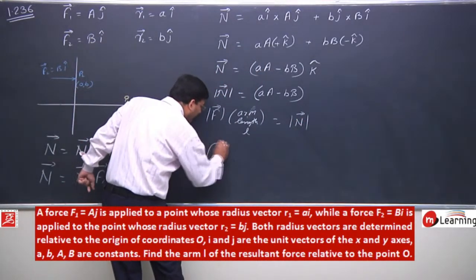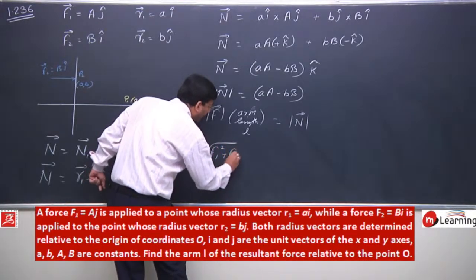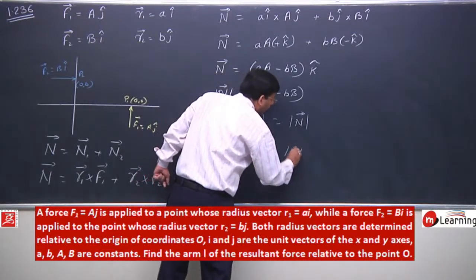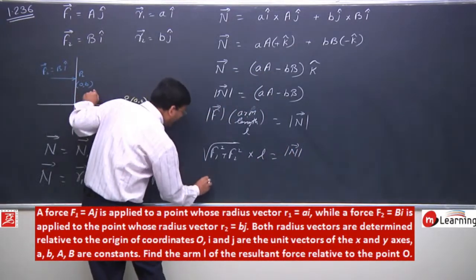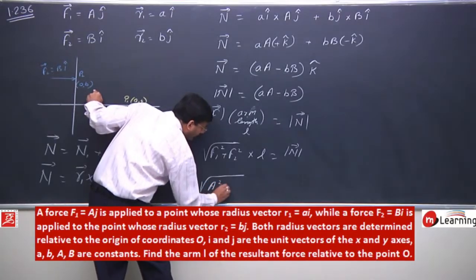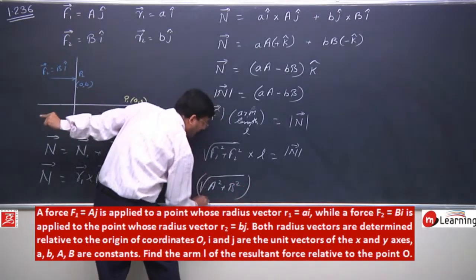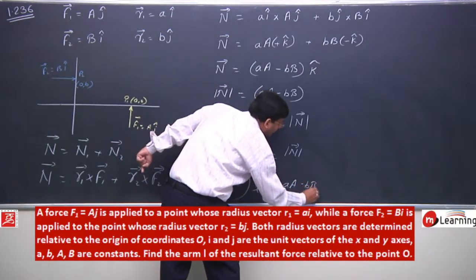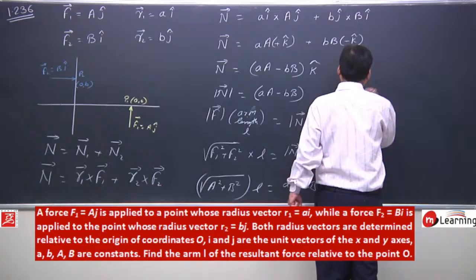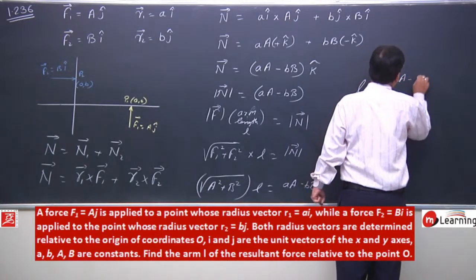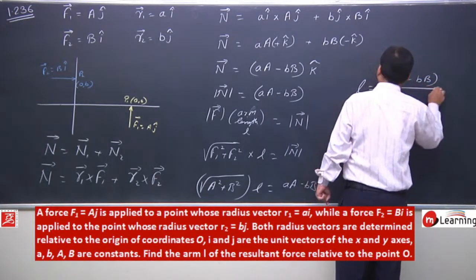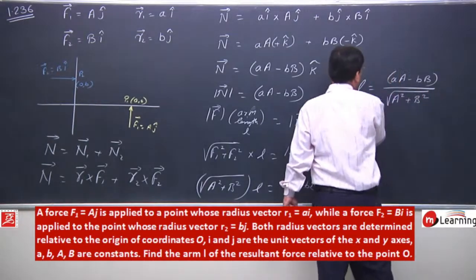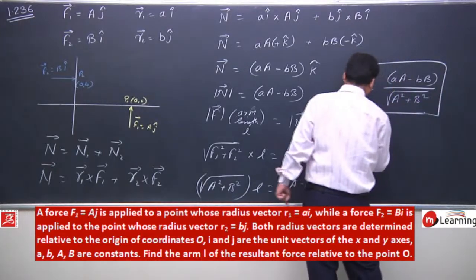So, mod of force is under root of F1 square plus F2 square, which is under root of A square plus B square, into arm length L is AA minus BB. So, arm length L would be given by AA minus BB upon under root of A square plus B square, and this is the answer.